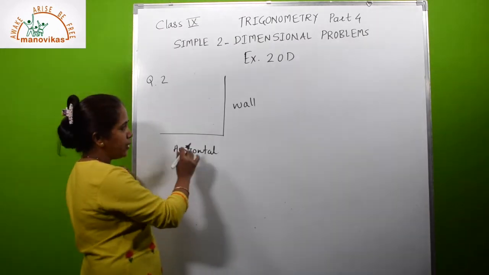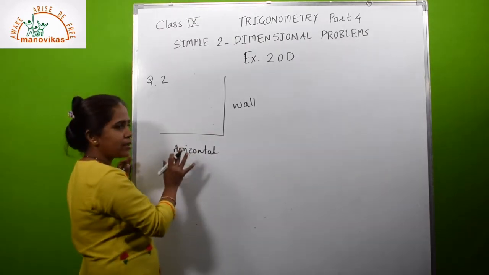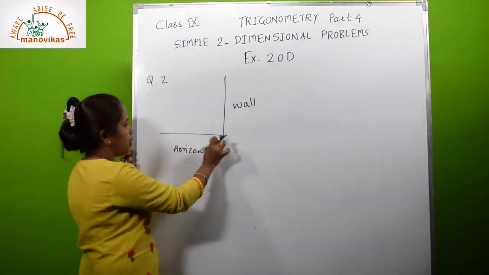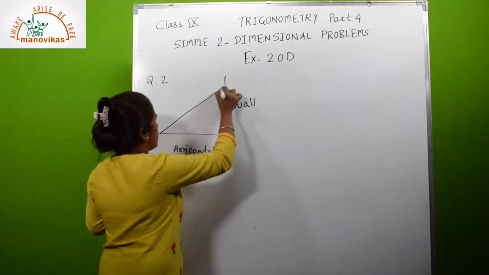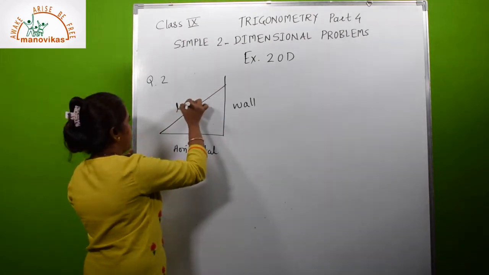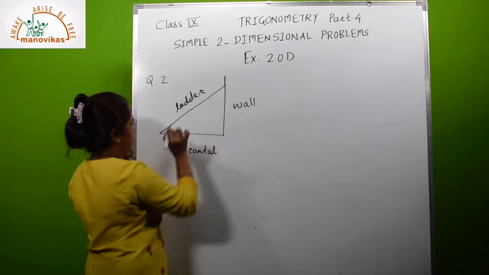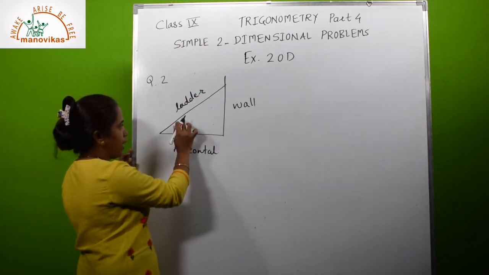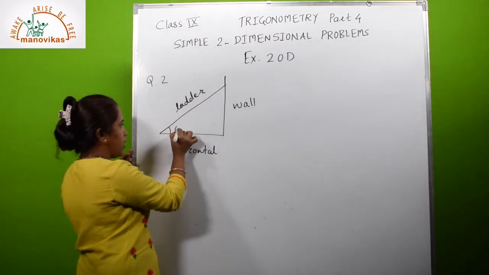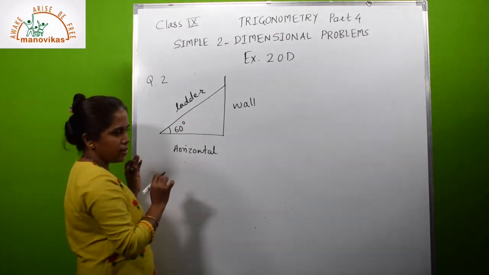Now the ladder leaning against the wall makes a 60 degree angle with the horizontal. Suppose this is the ladder. Then the angle between the ladder and the horizontal plane is given as 60 degrees.